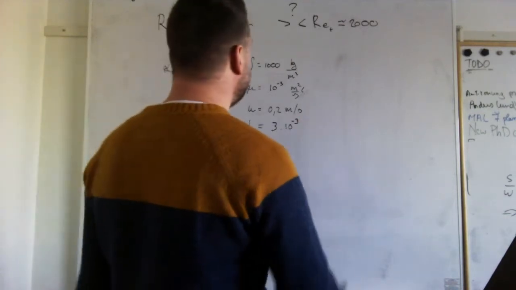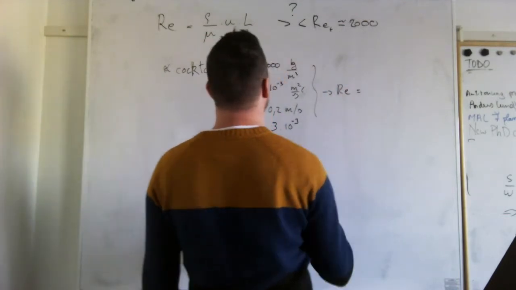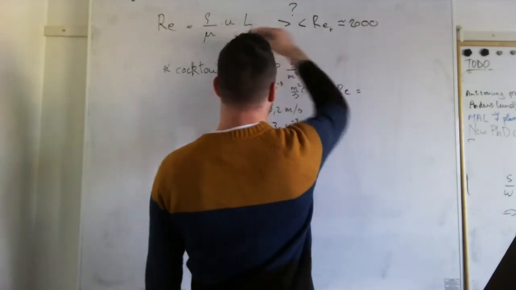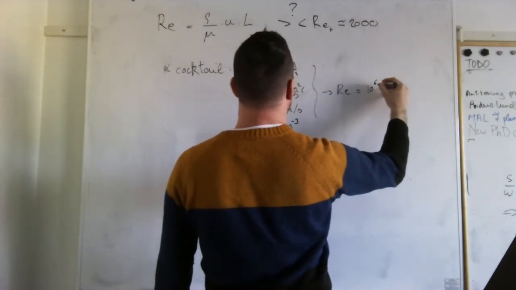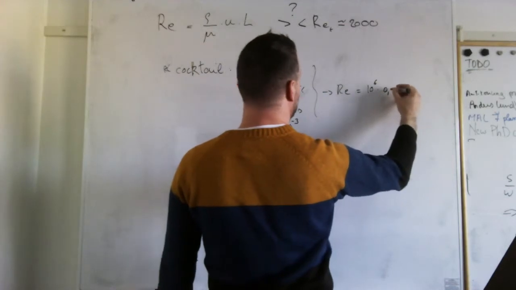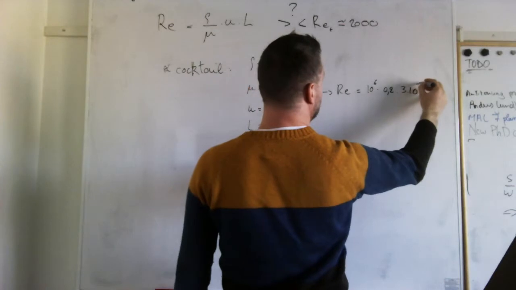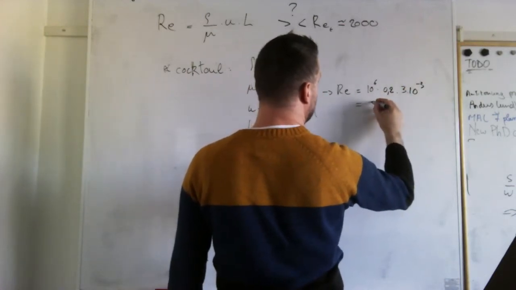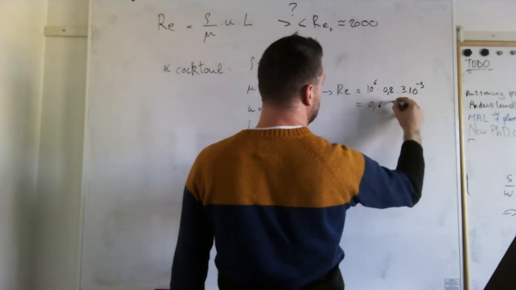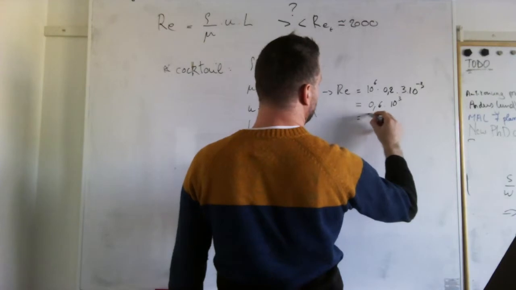So if I now calculate this, I get Reynolds number equals 10 to the power 3 divided by 10 to the minus 3, which gives 10 to the power 6, times 0.2 times 3 times 10 to the minus 3, equals 0.6 times 10 to the minus 3, equals 600.